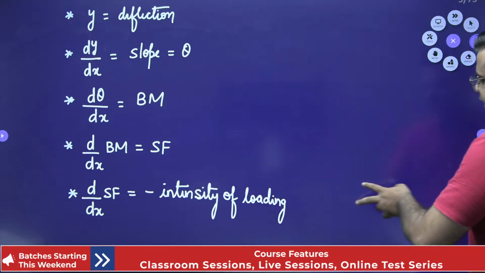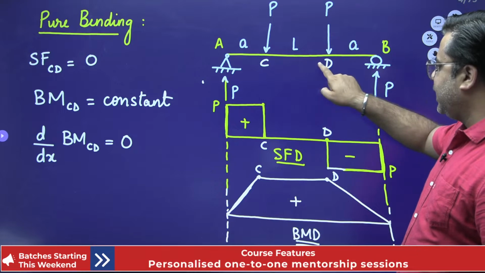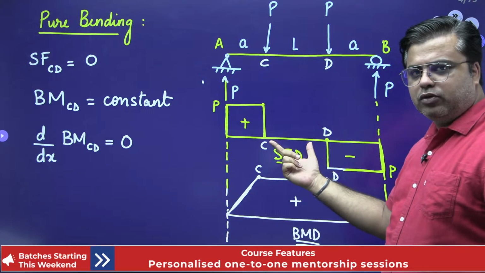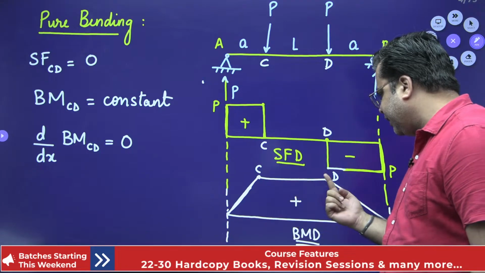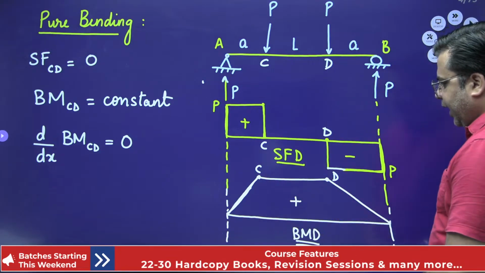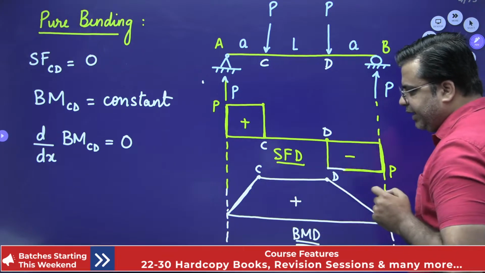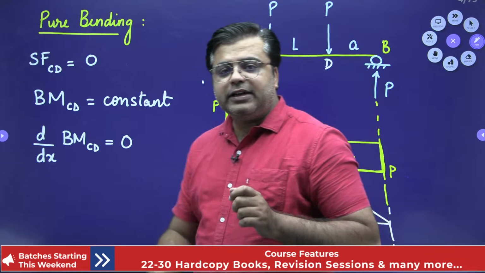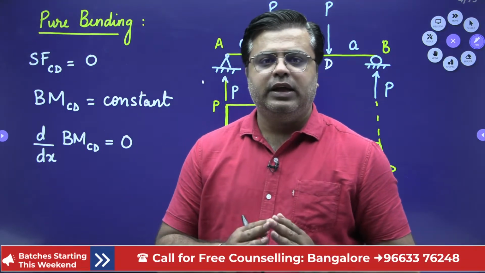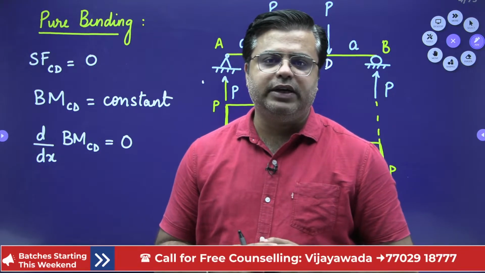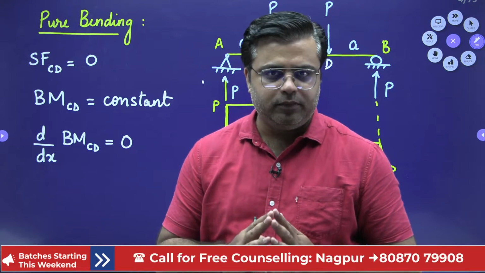Coming back to this scenario, if you observe this beam, for span CD the value of shear force is 0, and you only see bending moment happening in this span CD, and the value of bending moment is also constant for this span CD. That span of the beam where shear force is 0 and bending moment is constant undergoes pure bending, right?